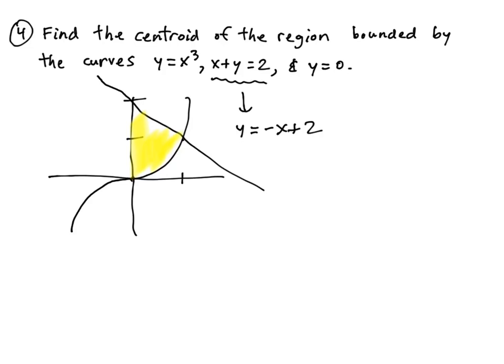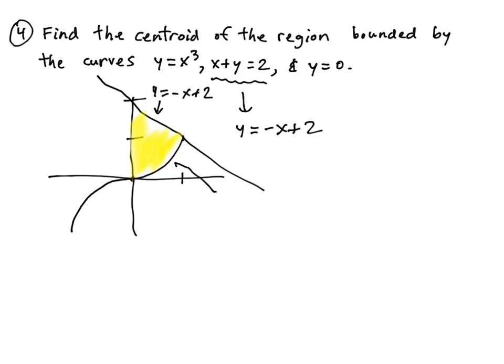Okay, so we actually have an upper function, which is y equals negative x plus 2.